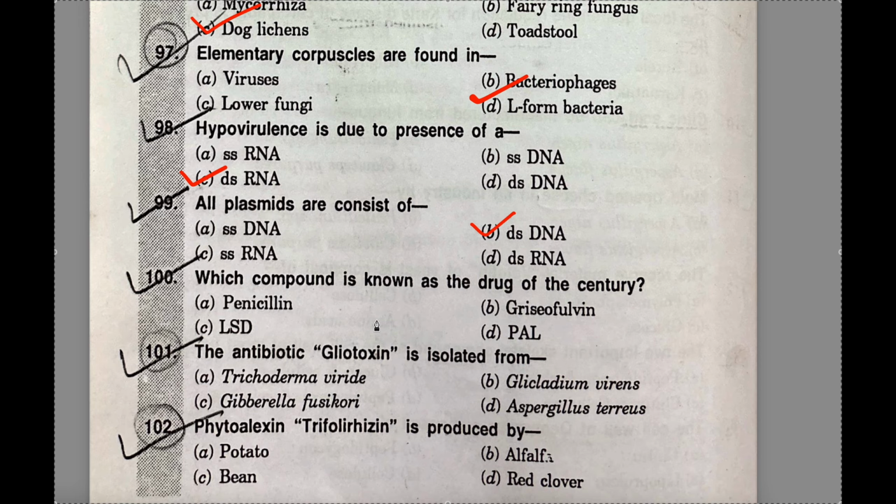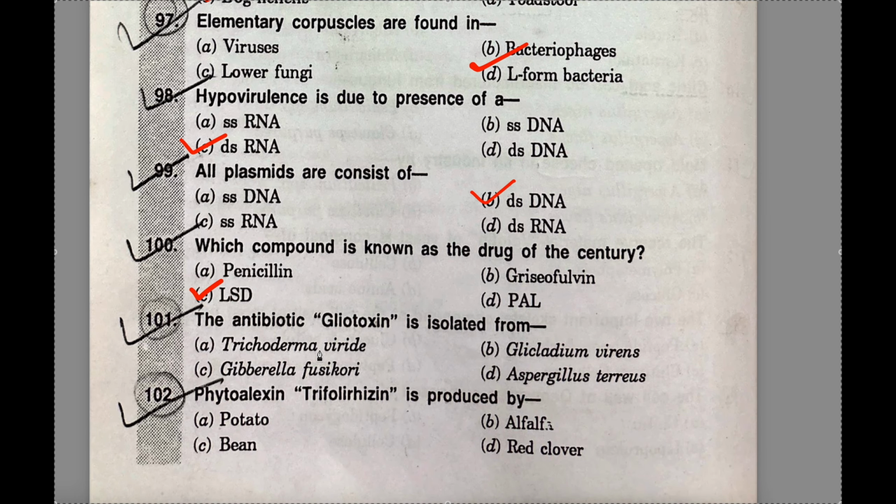The answer is LSD. Question 101. The antibiotic gliotoxin is isolated from Trichoderma viride, Gliocladium virens, Gibberella fujikuroi, or Aspergillus terreus. The answer is option A, Trichoderma viride.